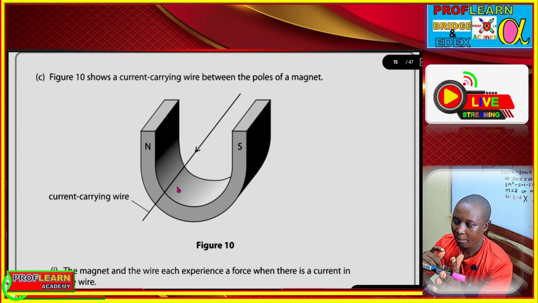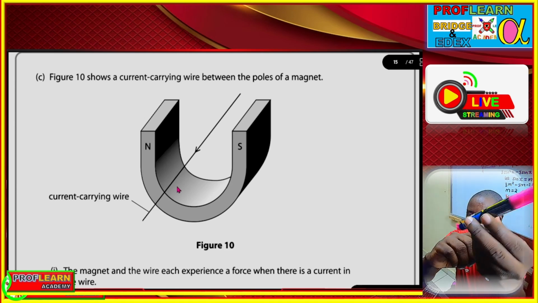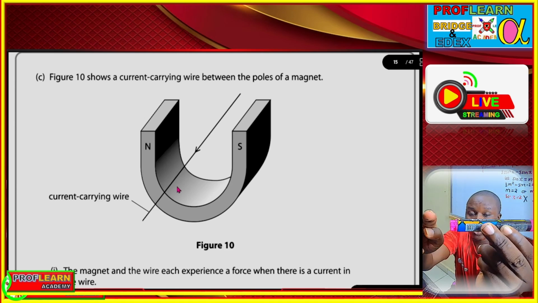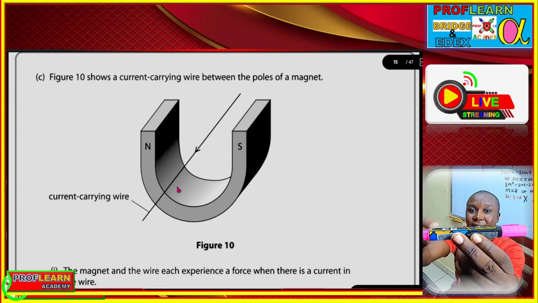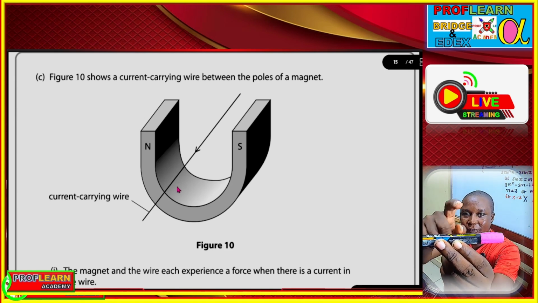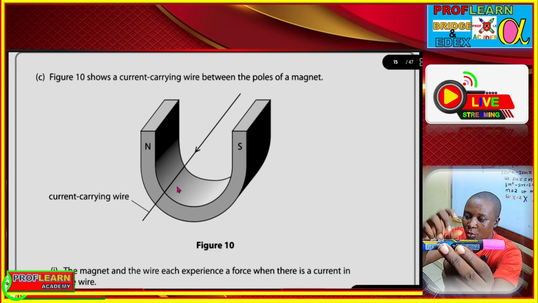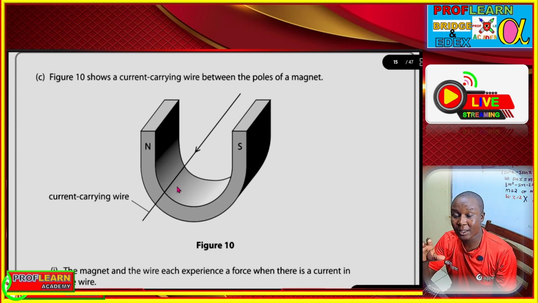what is going to happen is that when current flows, usually when current flows through any conductor, around this conductor there will be magnetic fields, and the magnetic fields due to the flowing current in this conductor will interact with the magnetic fields of the permanent magnet that we are having here.